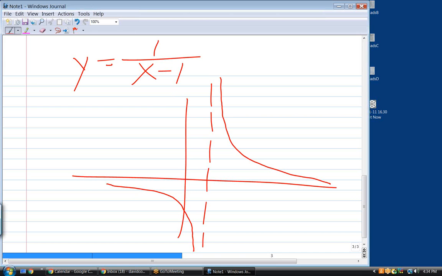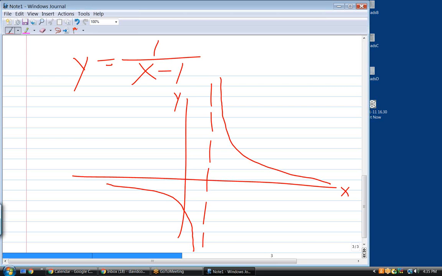Remember, y and f of x are the same thing. Don't get confused when they give you f of x sometimes and y sometimes. It's just different notation for the same thing.